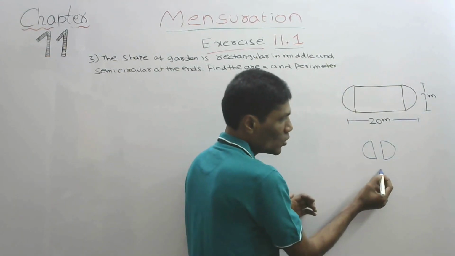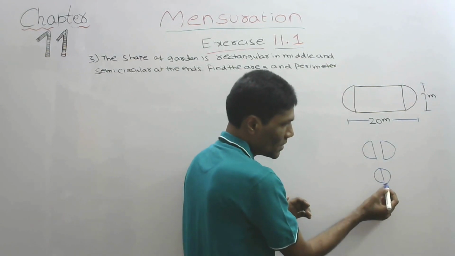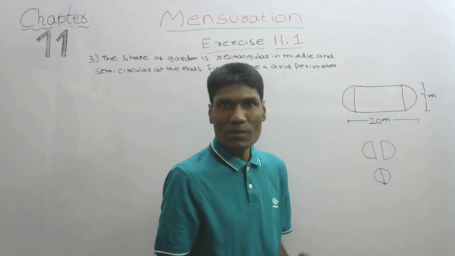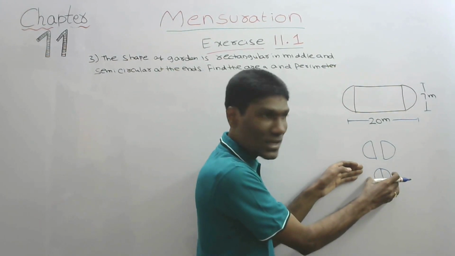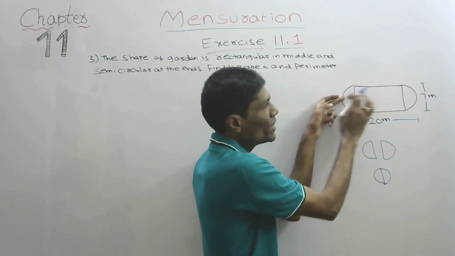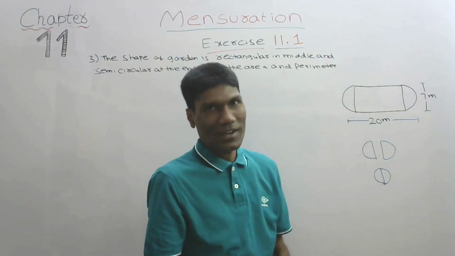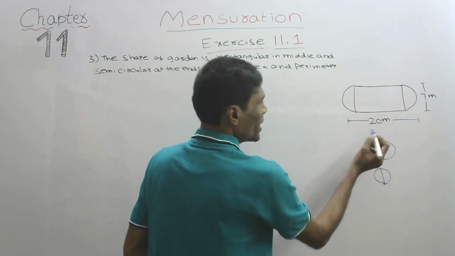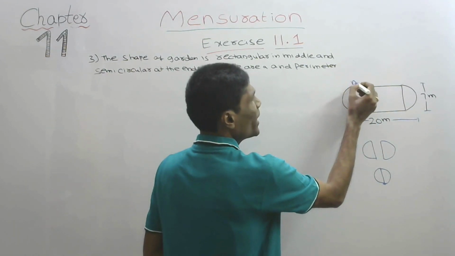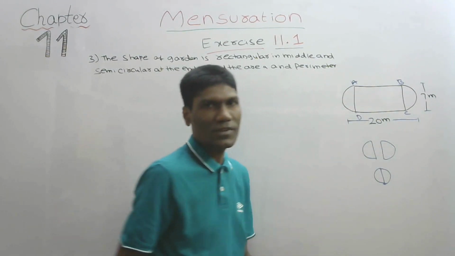If we join them together, it will form a circle. So if we find the area of the circle, it will cover these two parts, and then we will add it to this rectangle. Like this we can find. So let us start now. Let us name it A, B, C, D, just for our convenience.